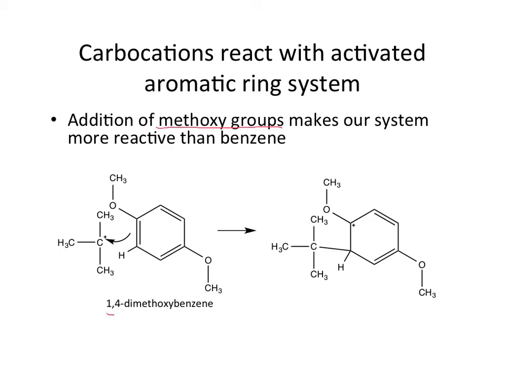We're going to use 1,4-dimethoxybenzene instead of benzene by itself. 1,4-dimethoxybenzene is more reactive in these kinds of reactions, in electrophilic aromatic substitutions, than is benzene by itself. So we react and we get an alpha complex that would look something like that.